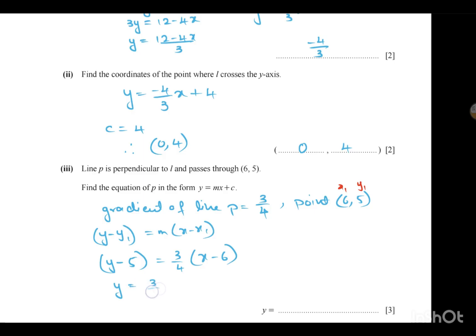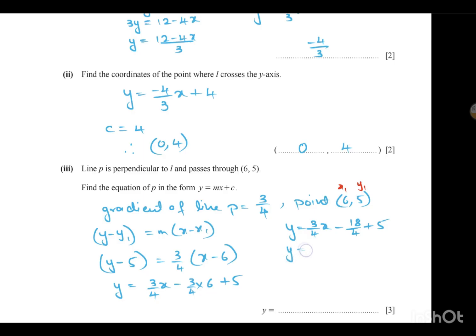Bring 5 onto the right hand side. So y is equal to 3 by 4 x minus 3 sixes are 18 by 4 plus 5.